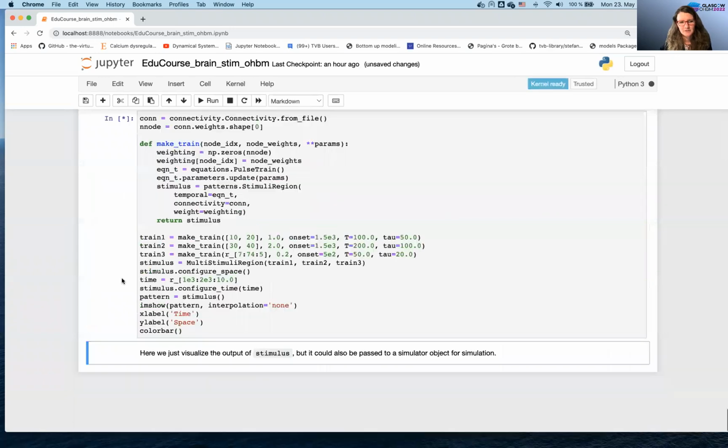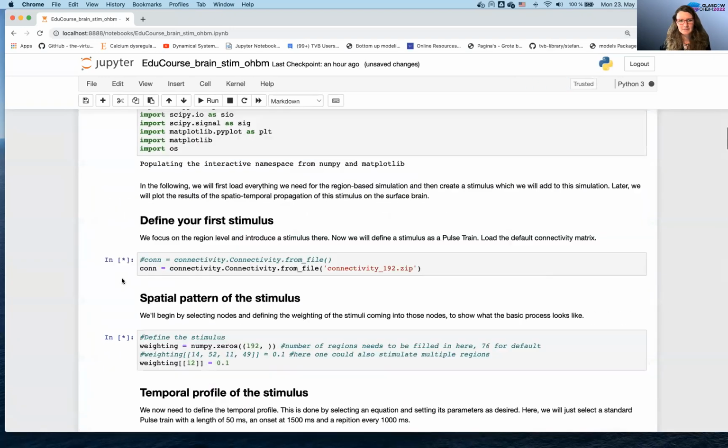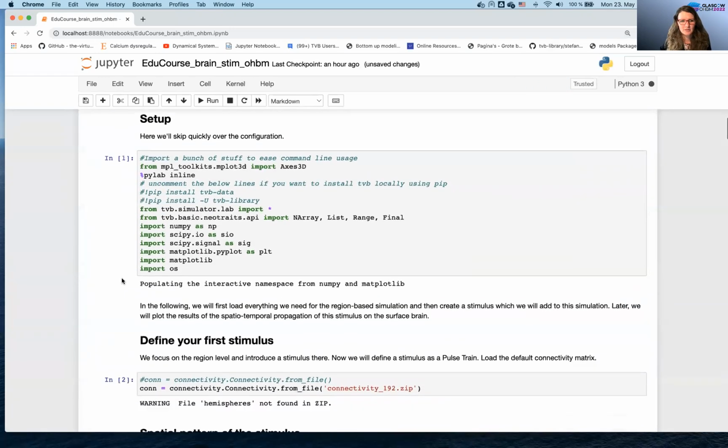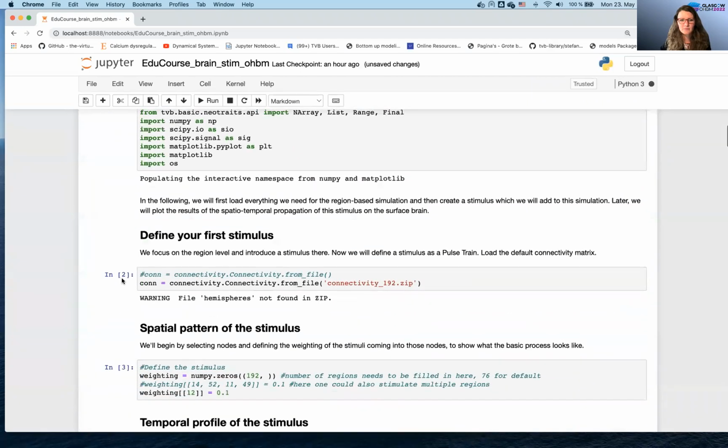All right, so he's importing everything, and then we are actually defining the stimulus, and for that we first have to give input to the virtual brain. The virtual brain comes with a couple of default connectivities, so with connectomes already prepared for you.